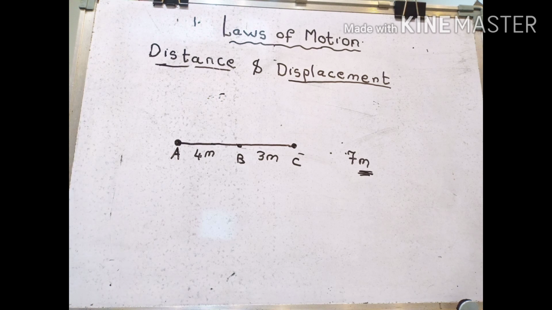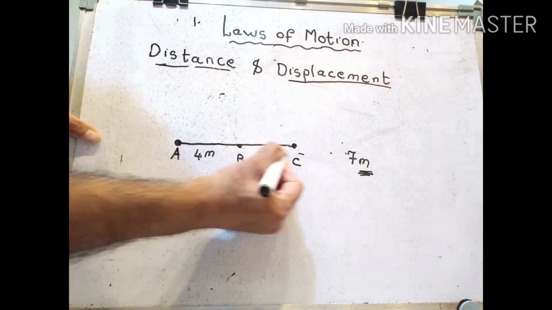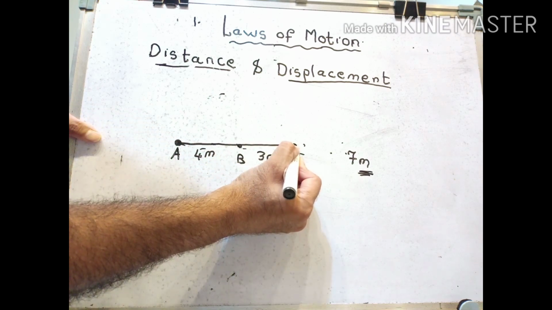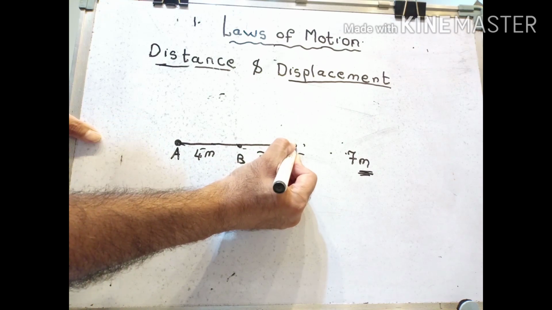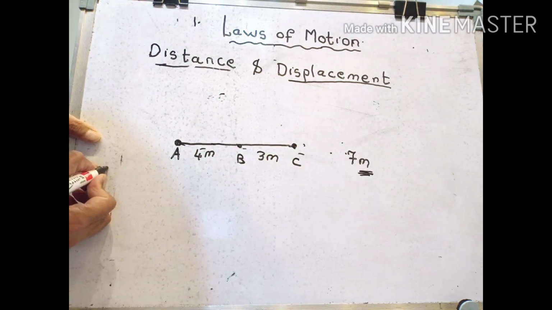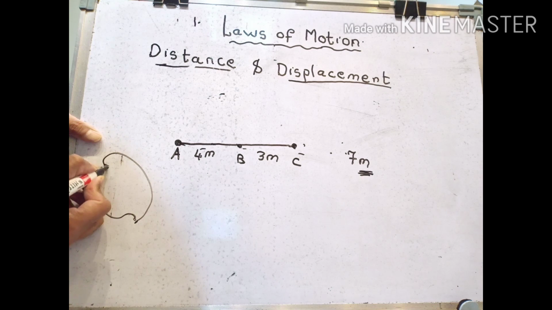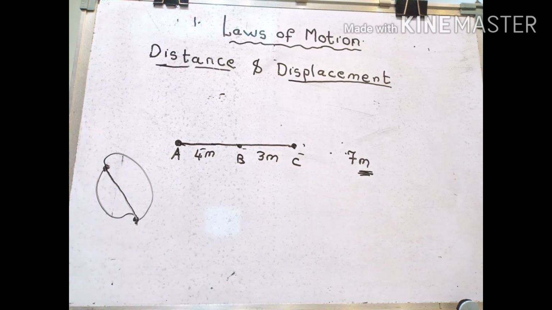Displacement in this case is also AB plus BC, because AC is a straight line, and I told you the straight line joining 2 points is the minimum distance between 2 points. You take any 2 points, there are various ways of reaching it, but ultimately the shortest distance between the 2 points is always a straight line joining the 2 points.